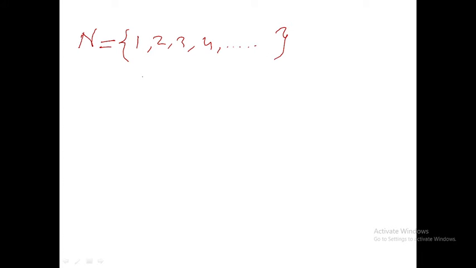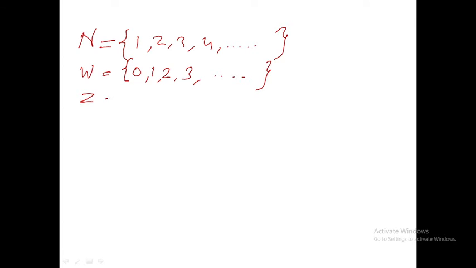Okay? Set of natural numbers. W is what? Set of whole numbers: 0, 1, 2, 3, to infinity. Okay. W is called set of whole numbers.